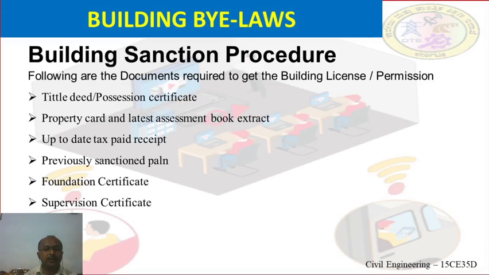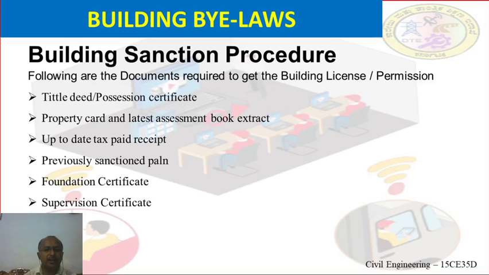If the previously sanctioned plans are not available with you, you can take the existing building measurements, and these can be produced with the signature of the authorized person who takes the measurements, who has to sign on the existing building plans.